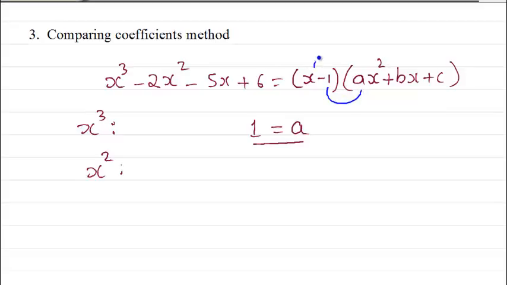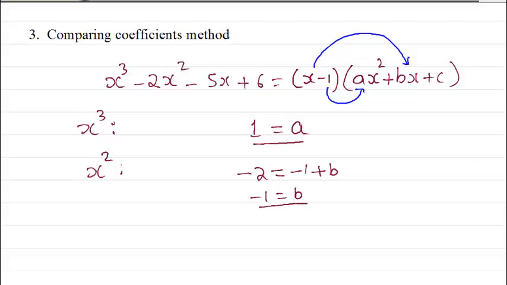The other place is when we multiply x by bx. On the left hand side, the number before x squared is minus 2, you write it there. Here we go, minus a. We know a is 1, so it's just minus 1. Here just b. If you add 1 to both sides, you get b equal to minus 1.